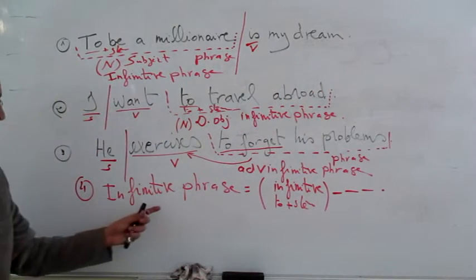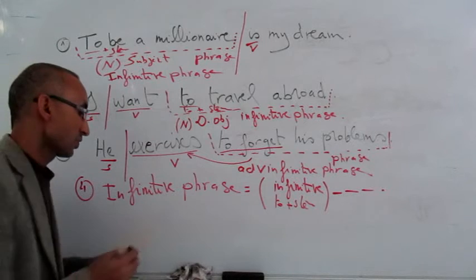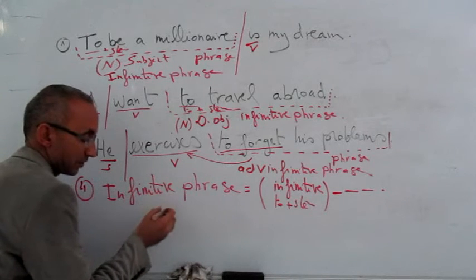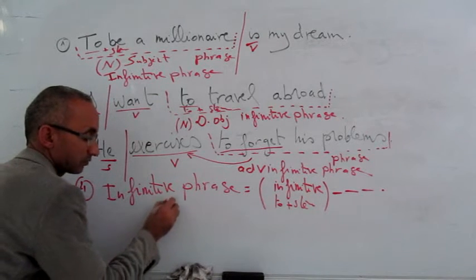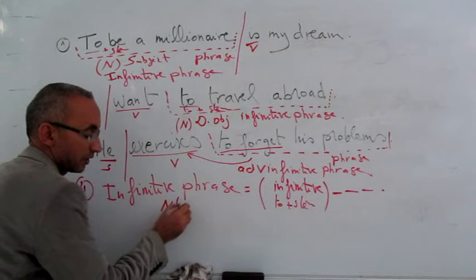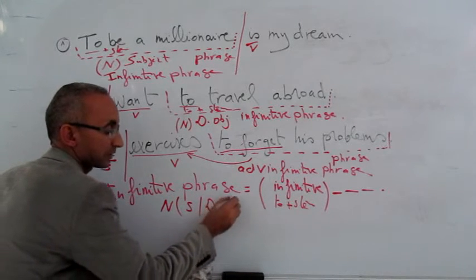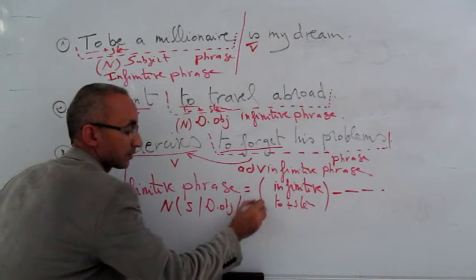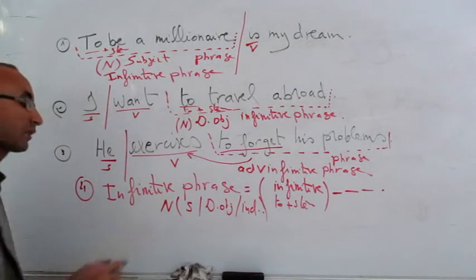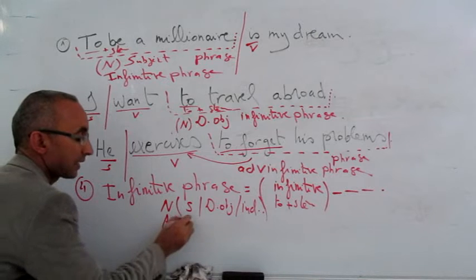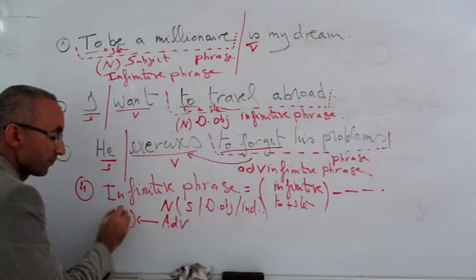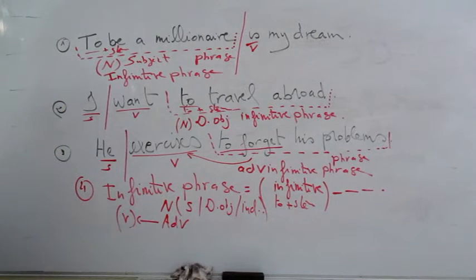And here is my fourth type of phrase, which acts as a noun. It can be a subject, direct object, indirect object, predicate nominative, and it can also act as an adverb to modify the verb it refers to. Clear? The verb it is related to.